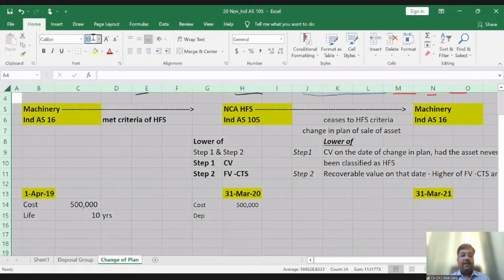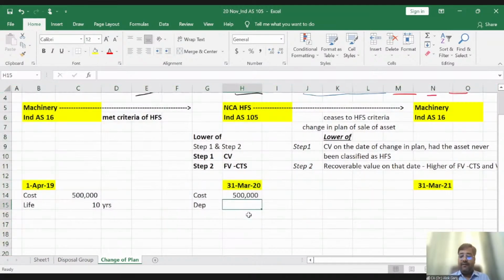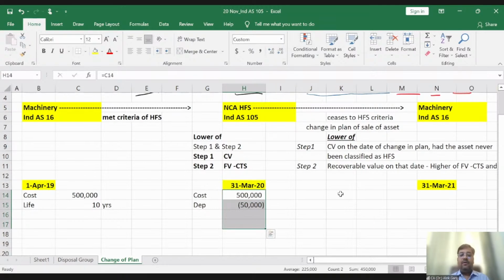It is 5 lakh divided by 10, which is 50,000 rupees. Understood? So what is the carrying value as per step number 1? Carrying value is 4,50,000.